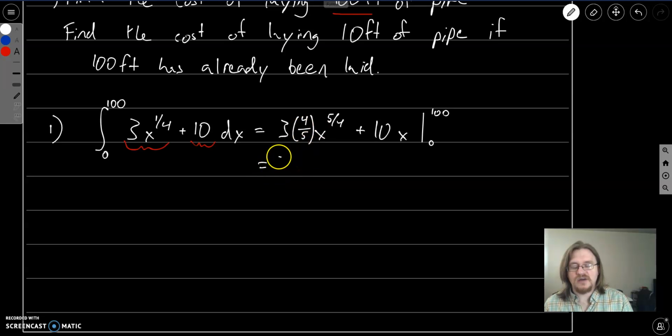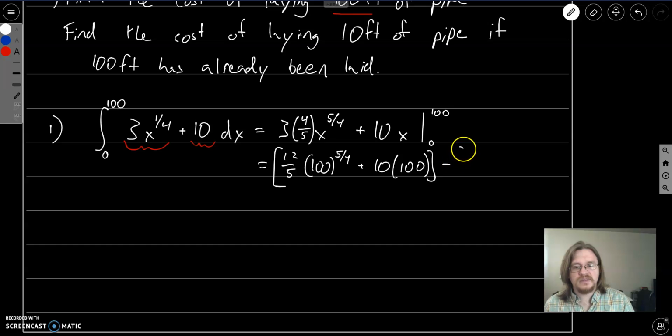Let me simplify this a little bit. 3 times 4/5 is 12/5, times x to the 5/4, so that's 100 to the 5/4 plus 10 times 100. And we subtract when we plug in 0: 12/5 times 0 to the 5/4 power plus 10 times 0.